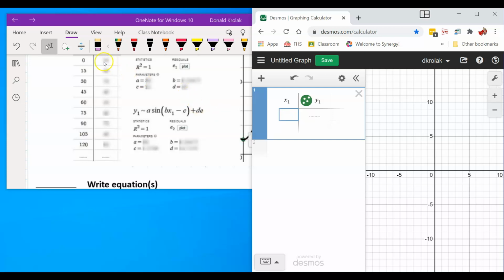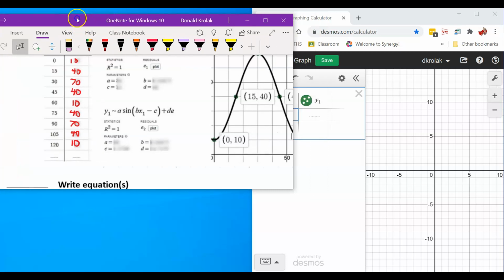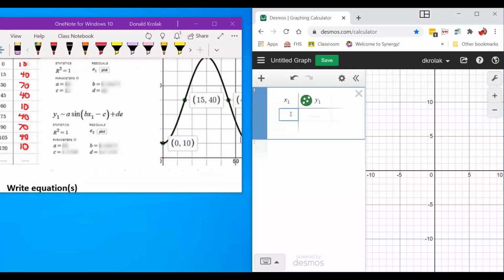Let's see, this was 10, then it went 40, 70, 40, 70, 10, 30, 35.